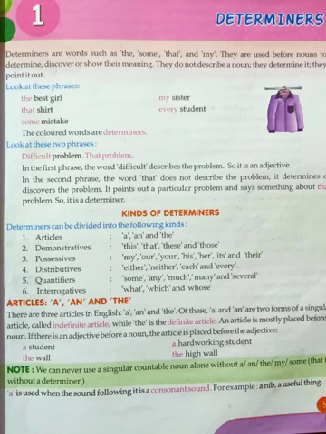Next comes, we use a before a singular countable noun which represents a class of things. Okay. Now, you all are children, right? What do you need the most? You need care, you need love, you need affection. Now, all children need care.